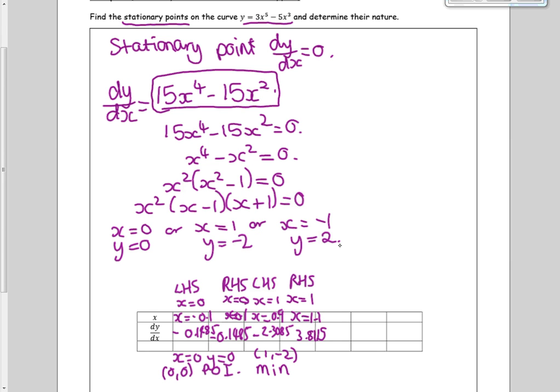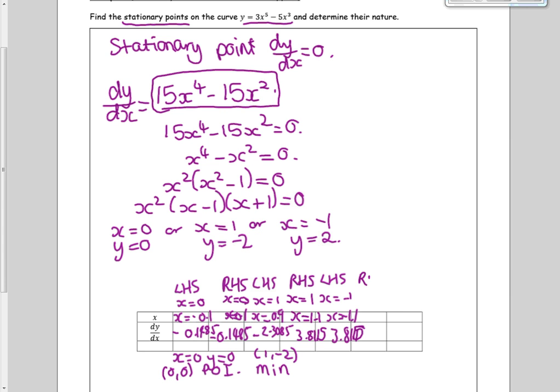And now, again, for the third point, the left-hand side of x equals minus 1, that would be x equals minus 1.1. Substituting x equals minus 1.1 into 15x to the power of 4 minus 15x squared will give us the gradient 3.8115.